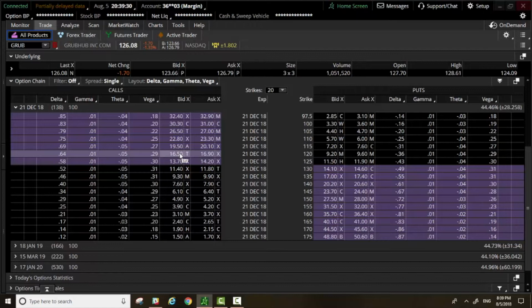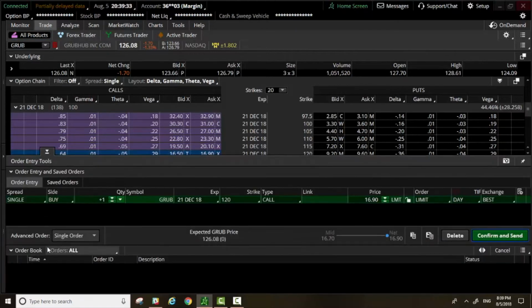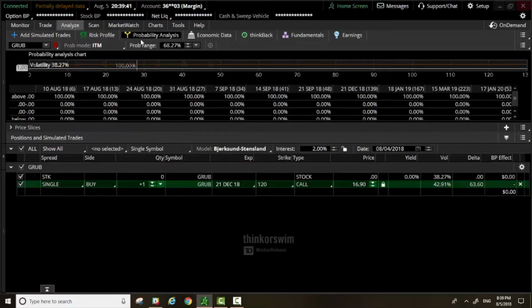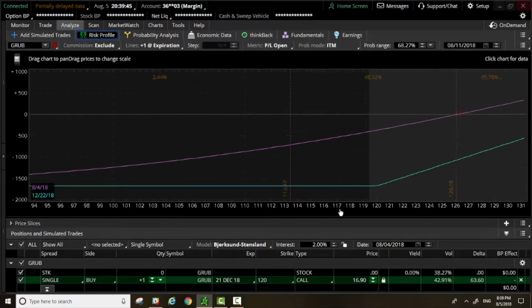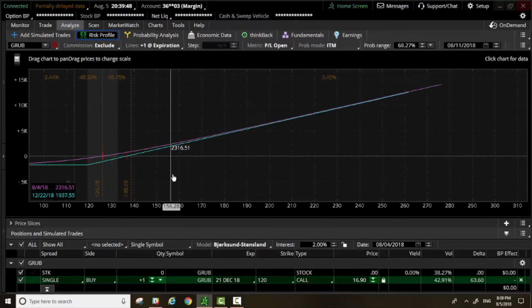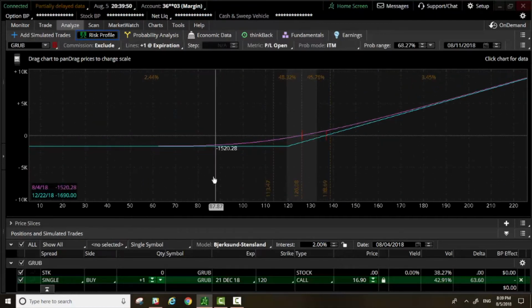So if we just bought this option, just bought a call option, we'll look at the risk graph here and we'll see what we can do to make things better. Let me get to analyze trade and we'll look at a risk profile. So this is your typical call option. For any of you who haven't seen the risk profile, it's always good to get to know these. You can see it's kind of like a hockey stick for a left-hand shot there.